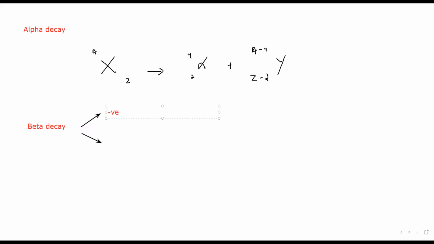A positron is emitted. So you have to learn the general equation for both. Positive is a positron.